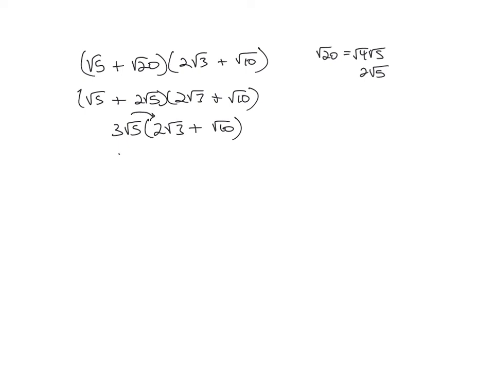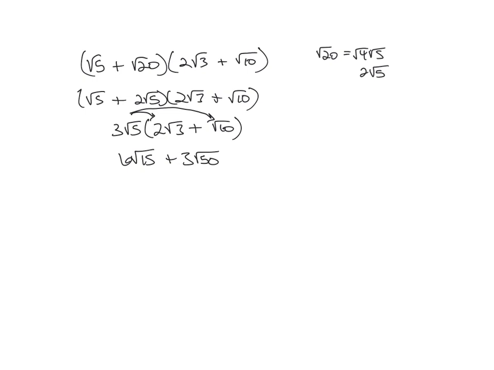So when I do that, I get 6 square root of 15. And when I do that, I get 3 square root of 50. Okay, 5 times 10 is 50. So 15, can I break that apart? It's just 5 times 3, so that doesn't help me.